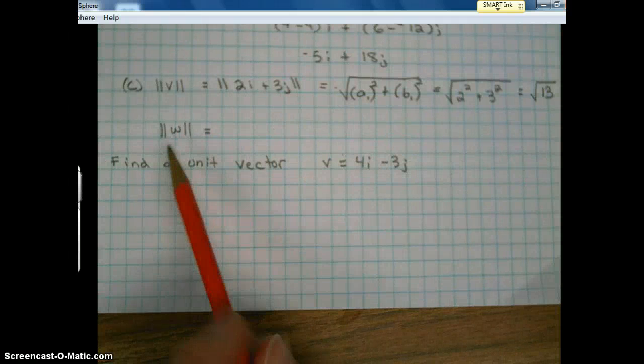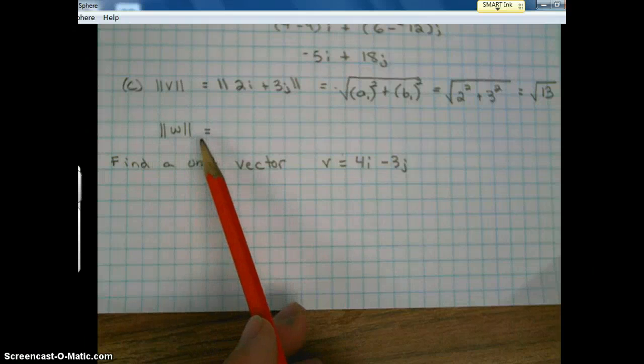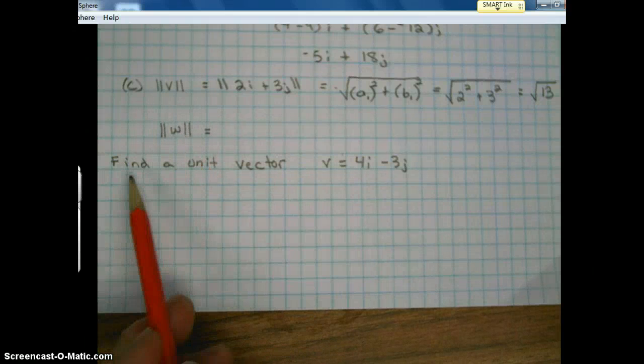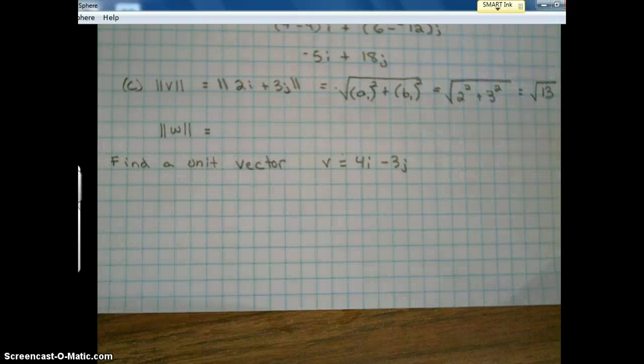Okay, so for tomorrow when I check your notes, I'll be looking for the answer for the magnitude of vector w. Next topic, find a unit vector. So there's a formula for that, and it is found on page 614.